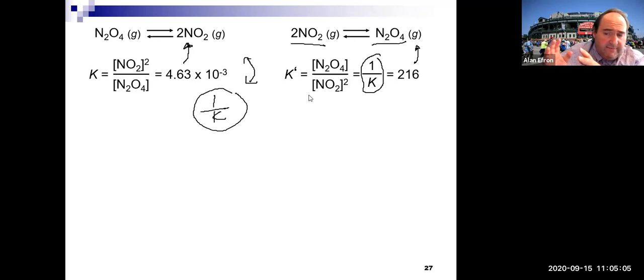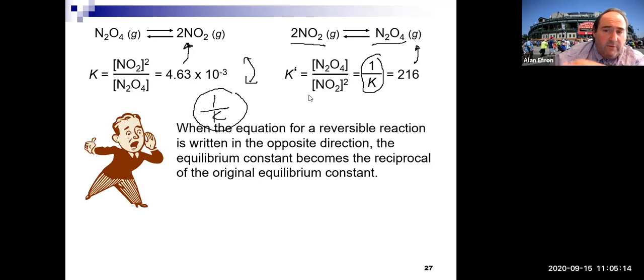So it's specific for exactly how it's written. And one very common manipulation that you do with these equations is you need to reverse them. When you reverse a reaction, you take 1 over the K value, and that will give you the K for that.